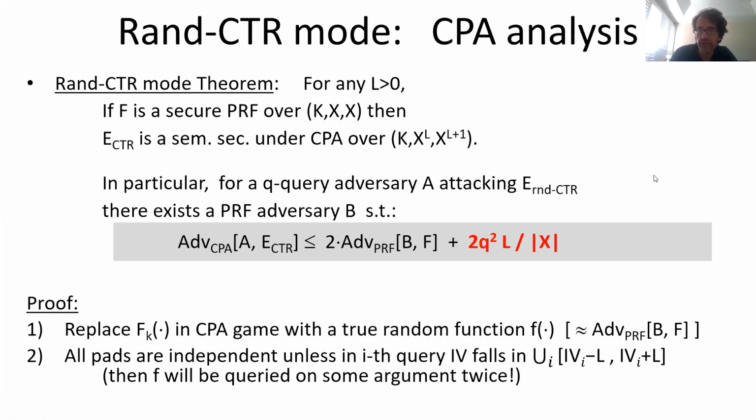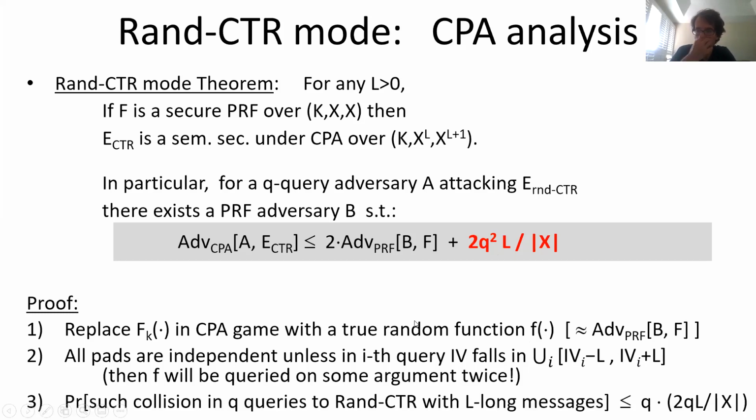Rather than think of IV plus L, I just think of IV itself and generalize these ranges into IV_i minus L to IV_i plus L. It's simply, instead of thinking of this new range intersecting with the previous one, I extend and just look at the counter. It must fall in here for there to be intersection between these two sets. And because it's a union bound, basically it's 2L times Q squared.